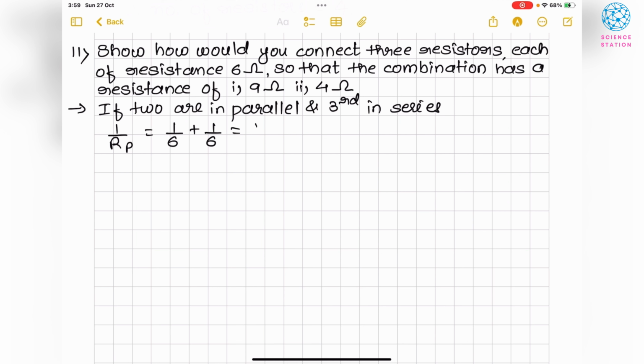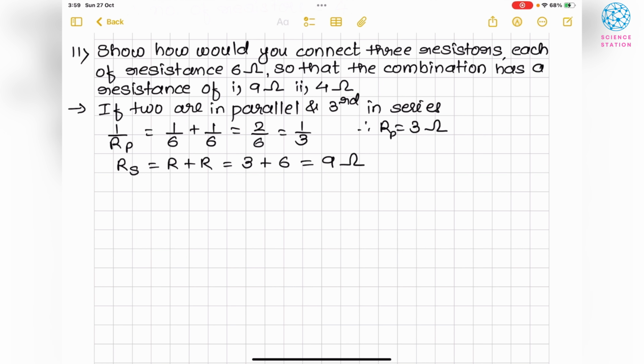So that will be 2 upon 6. So that will be 1 upon 3. Therefore R equal to 3 ohms. Now when they are in series, Rs will be equal to R plus R. So the resistance which was in parallel, 2 were in parallel, so its resistance is 3 and the other one is 6. So 3 plus 6 will give 9 ohm.